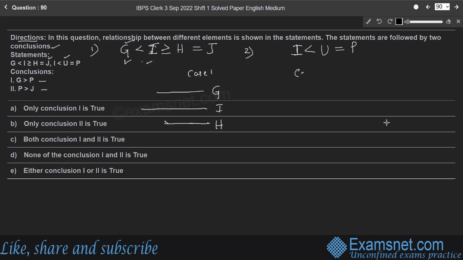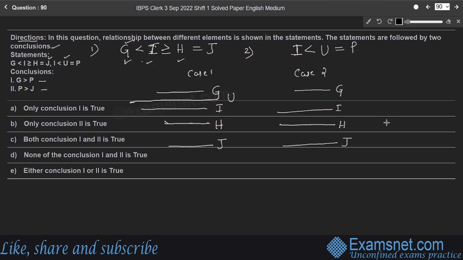In case 2, G is a line, G less than I is equal to H, right? In case 2. So next part, H is equal to J. In case 2 also H is equal to J. Look at the second part of the statement. I is less than U. That means U is greater than I. There is a line U here.